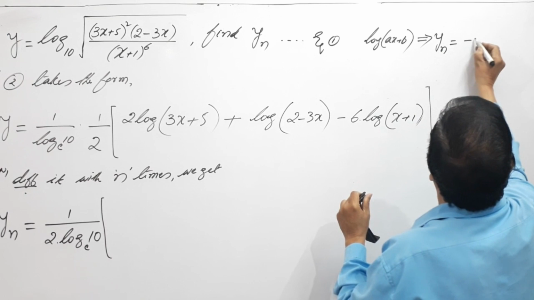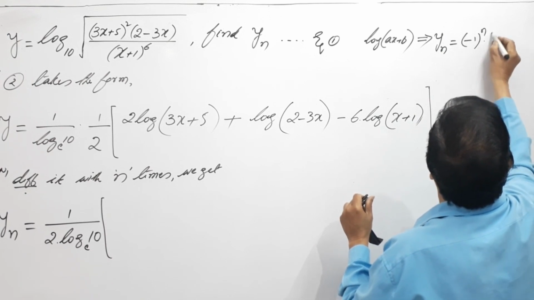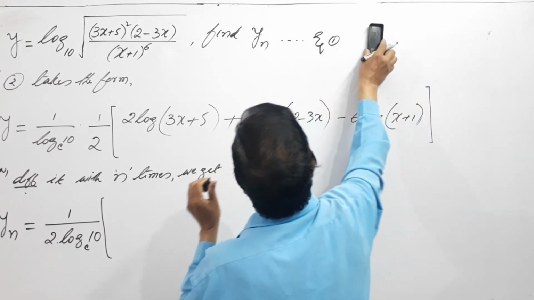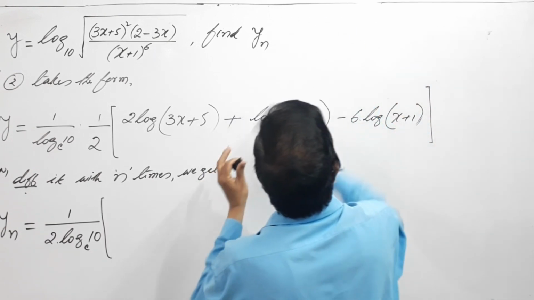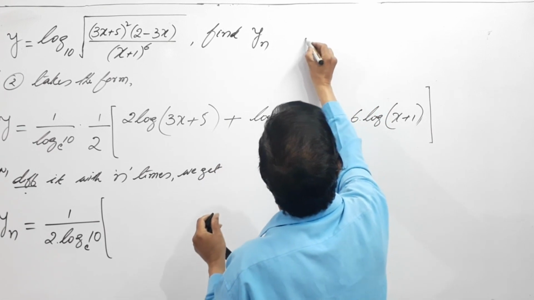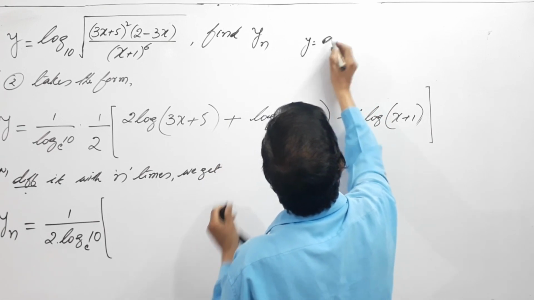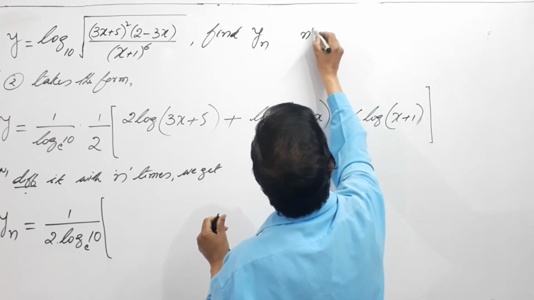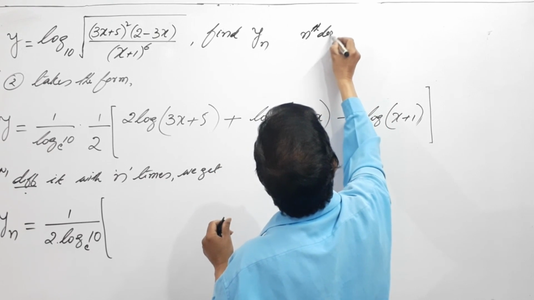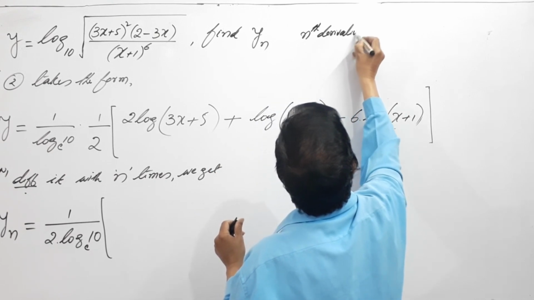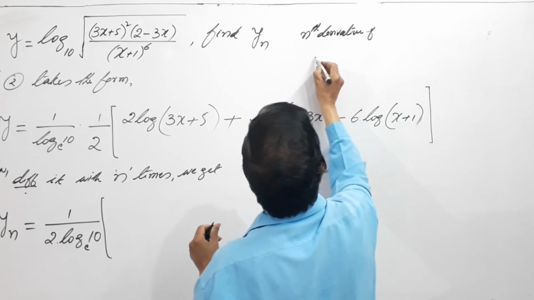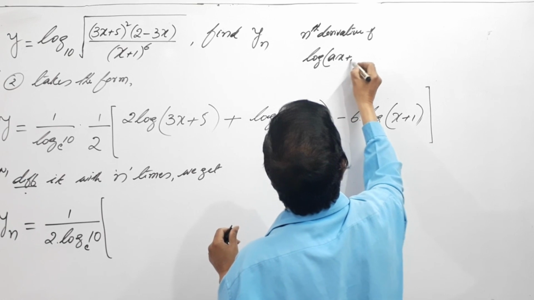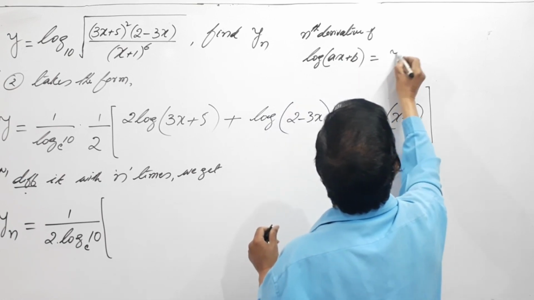Yn will be minus 1 to the power of n, so not sufficient. I'll write here, I'll rub this. y equals log of ax plus b. The nth derivative of log of ax plus b equals what?